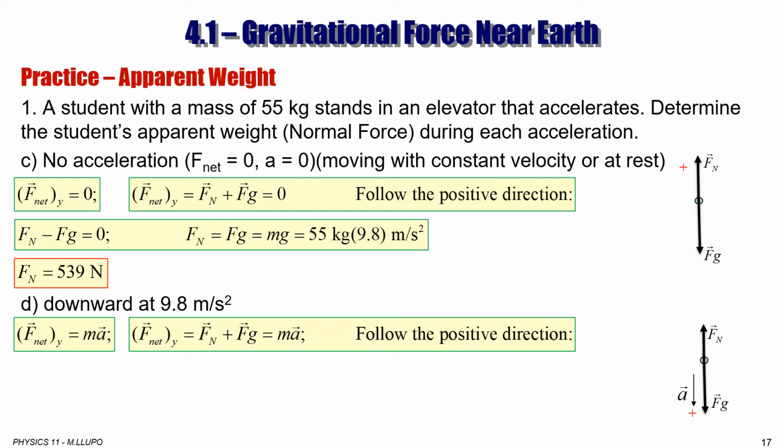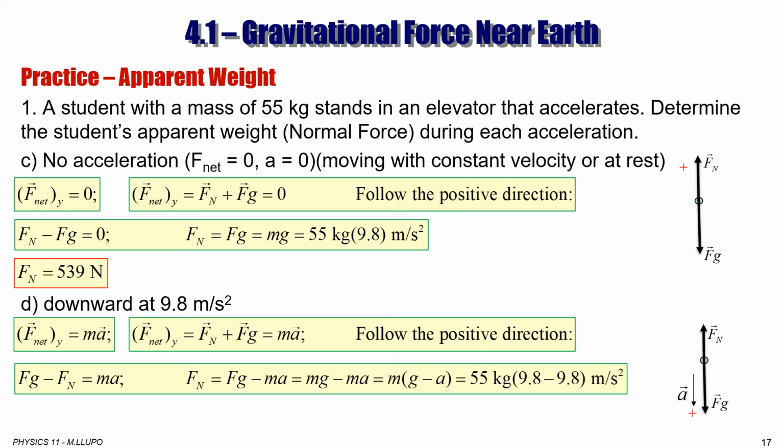So although we did the right thing to draw a normal force, in a free fall there is no normal force because nothing is holding anything. Everything is falling at the same rate.